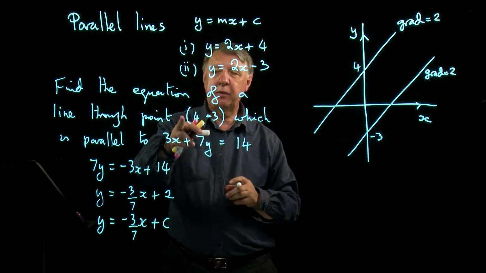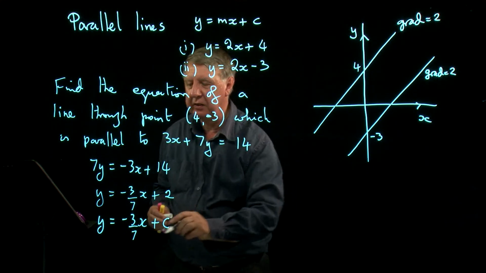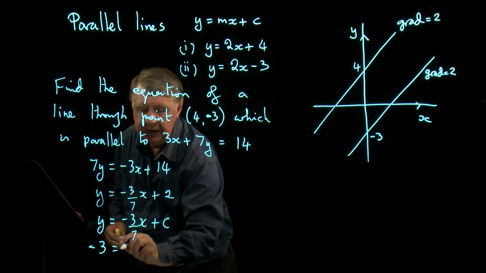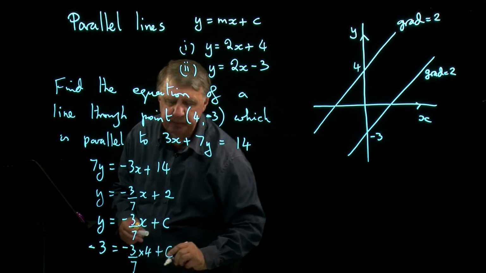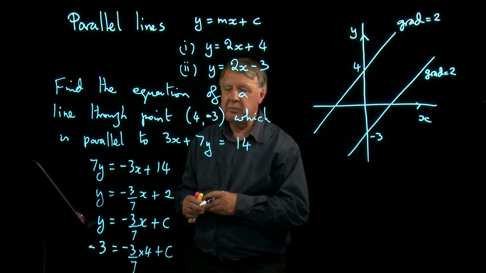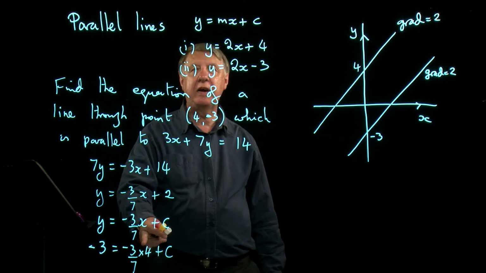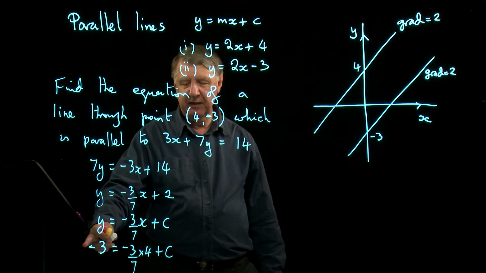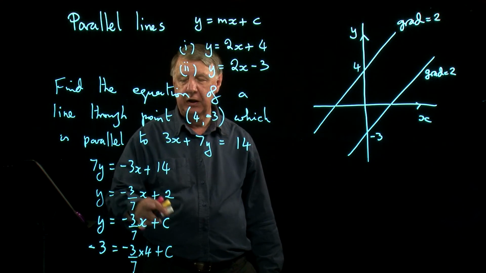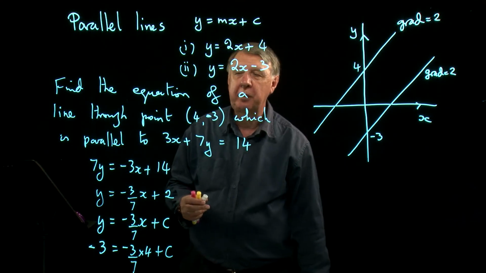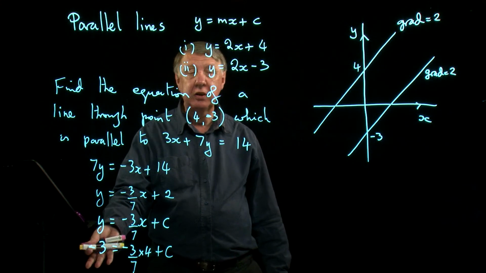Then they'll put this point here, so they'll try and substitute in minus 3 equals minus 3/7 times 4 plus c, and by which time, without a calculator, they're starting to panic because they've got to work this out, add that to the other side, do another horrible fraction calculation, and eventually, after another 2 or 3 lines, hopefully they come out with the right answer. So a total of 7 lines of working.